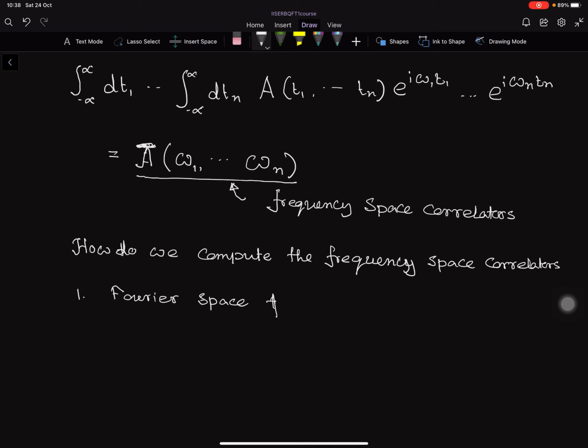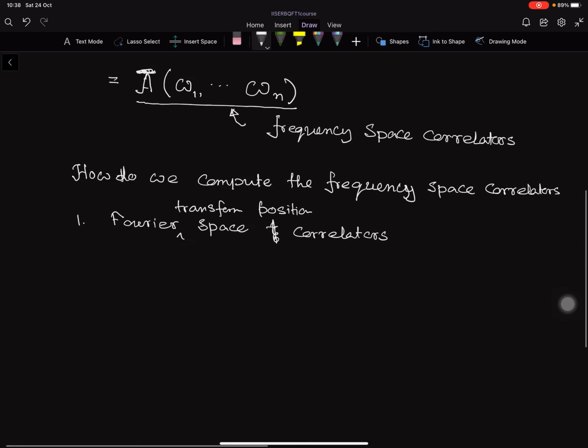The alternative way is to find the Feynman rules in frequency space itself.